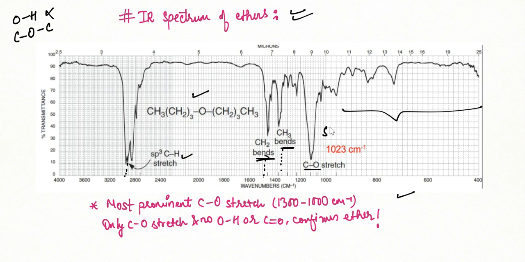And as we can see, it's a very sharp peak. It's not a weak or medium peak, it is a sharp peak. Only carbon-oxygen stretching and no oxygen-hydrogen stretching or carbon-oxygen double bond stretching, this confirms our ether.